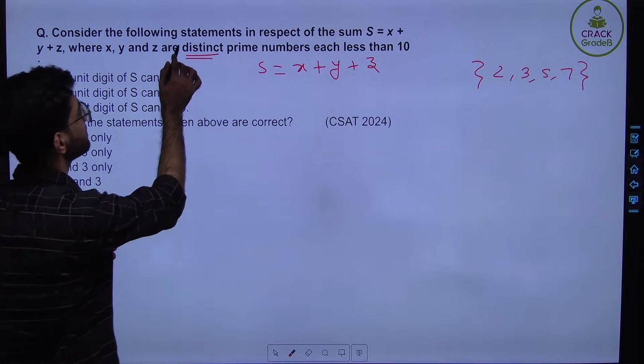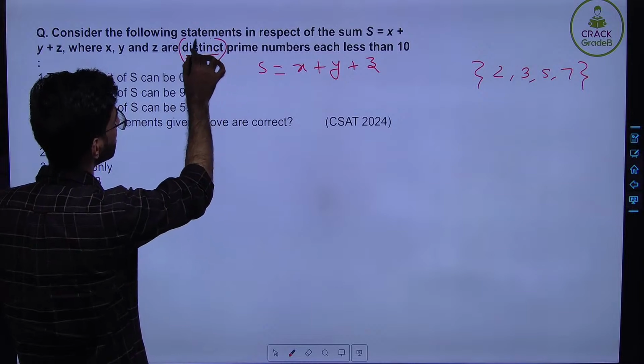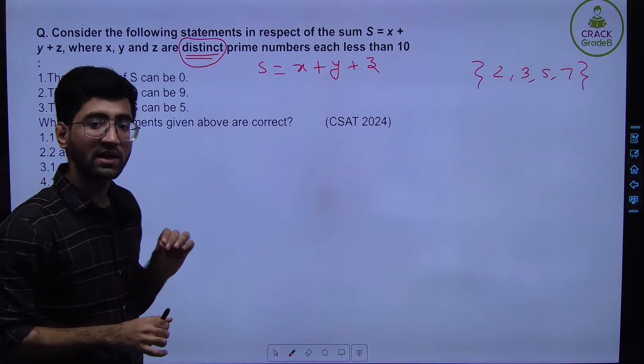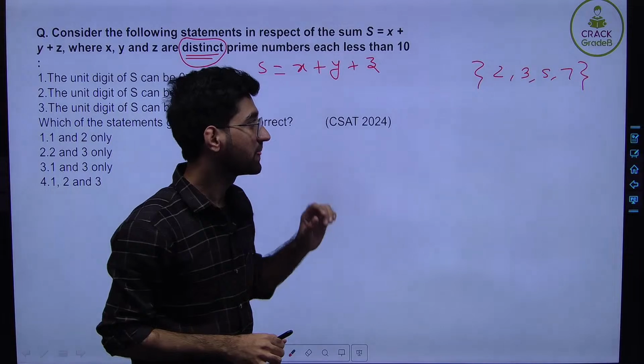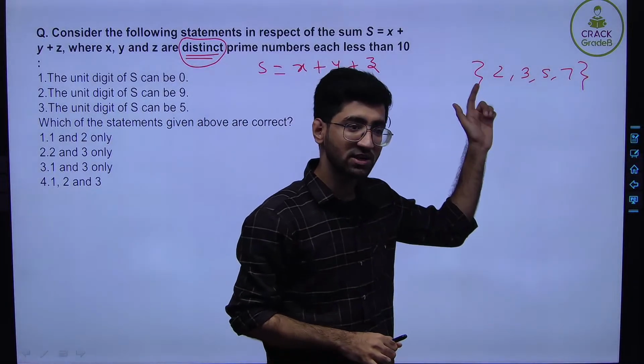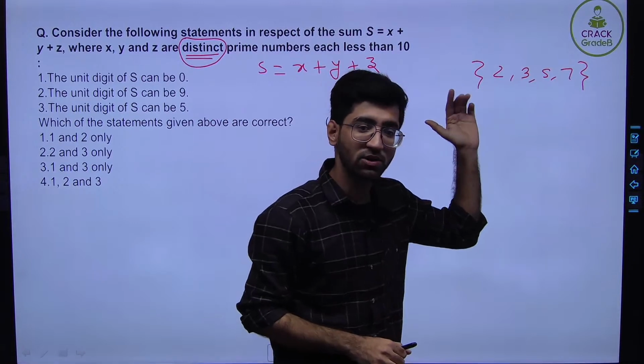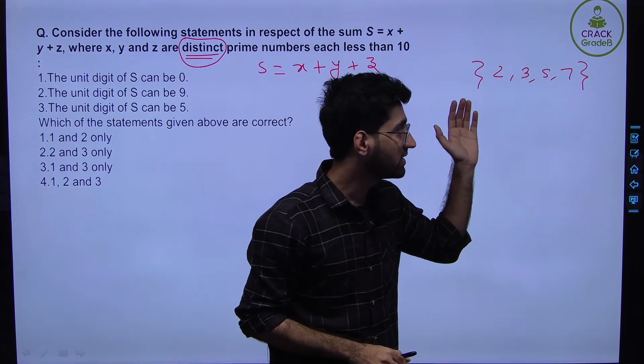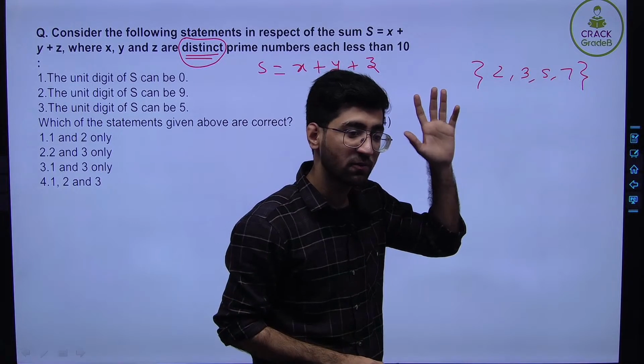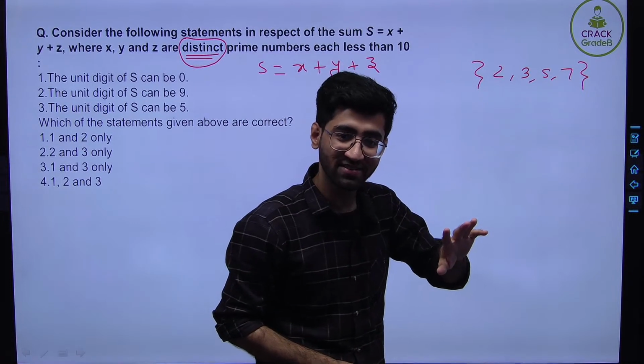Now it has been clearly mentioned, this word distinct. What does it mean? It means that if you say x is equal to 2, listen carefully, then you can't say that y or z is equal to 2.